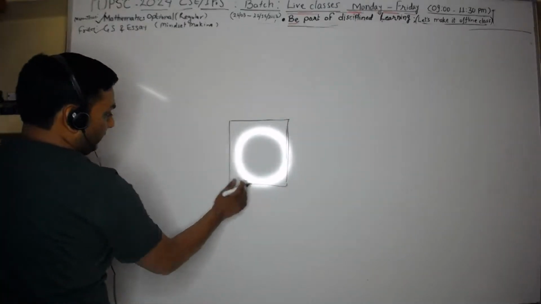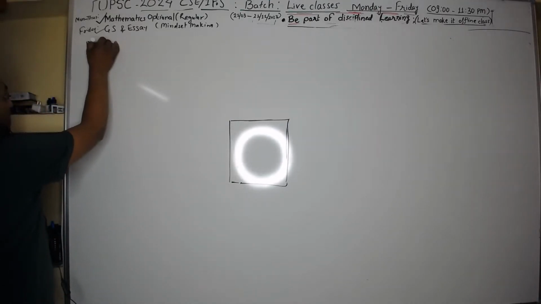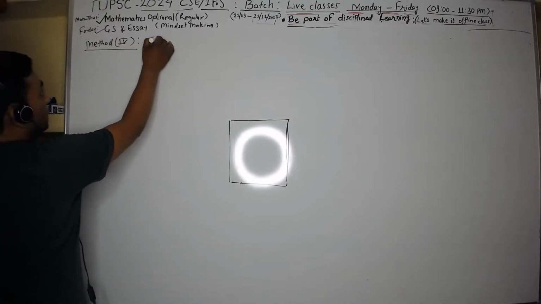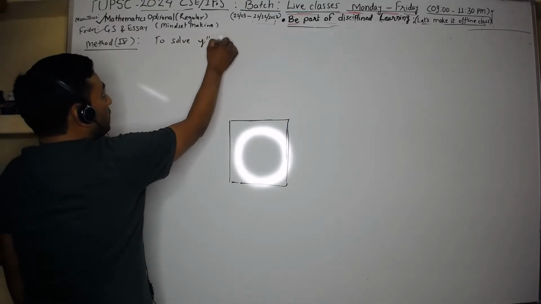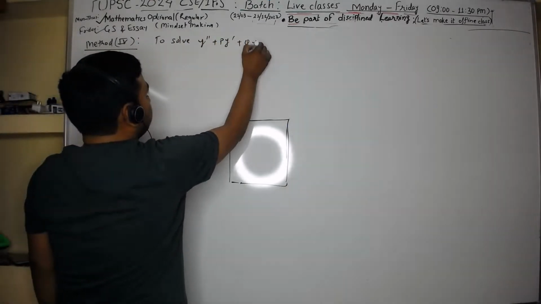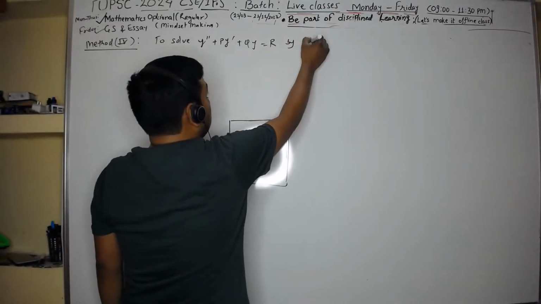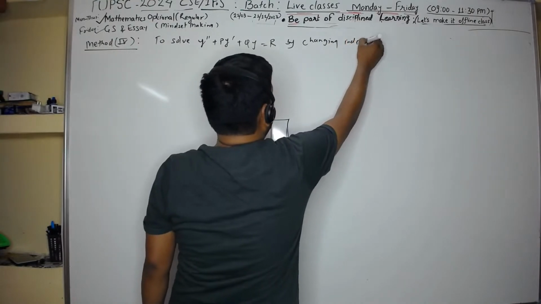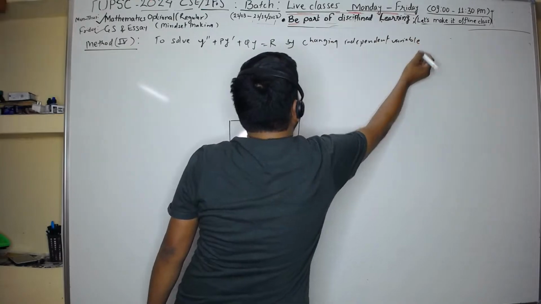Okay, Shundram, fair. Chalo. Let's go for the fourth and last method, to solve y double dash plus p y dash plus q y equals to r by changing independent variable.